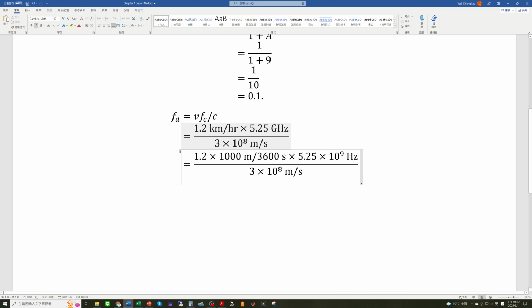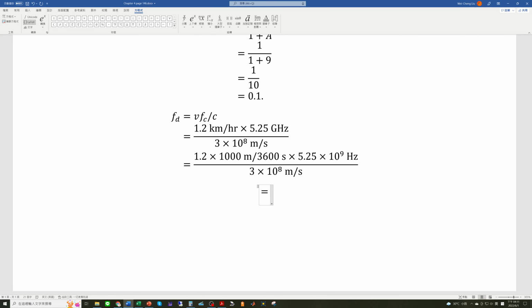So 1.2 kilometers is equal to 1.2 times 1000 meters, and 1 hour is equal to 3600 seconds. And 5.25 gigahertz is equal to 5.25 times 10 to the power of 9 hertz. And the denominator remains unchanged.